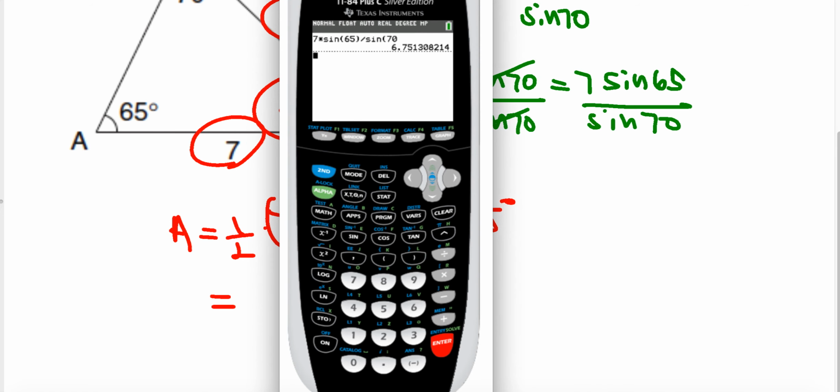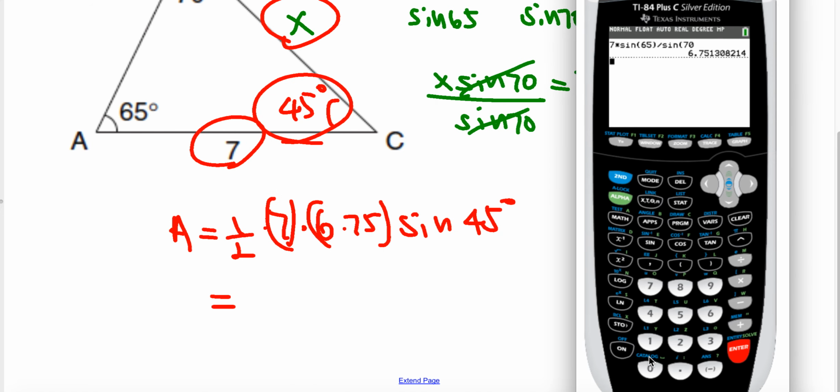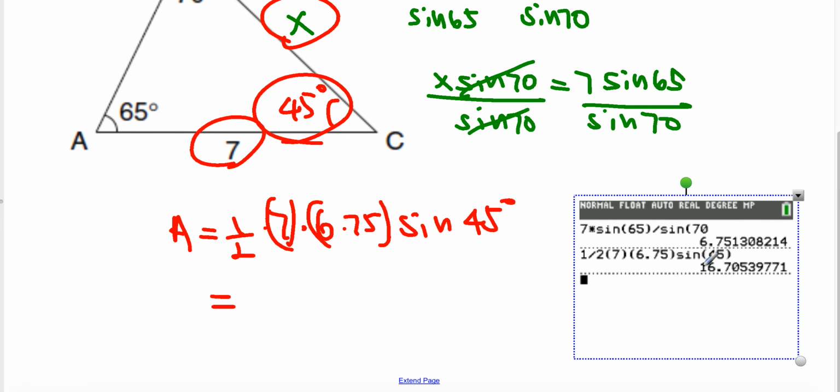Then here we get 1/2 times 7 times 6.75, and then sine of 45 degrees. And area seems to be about 16.7.